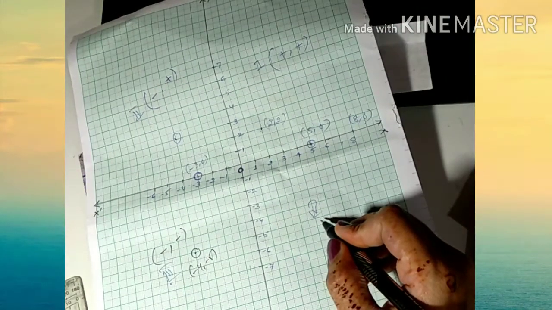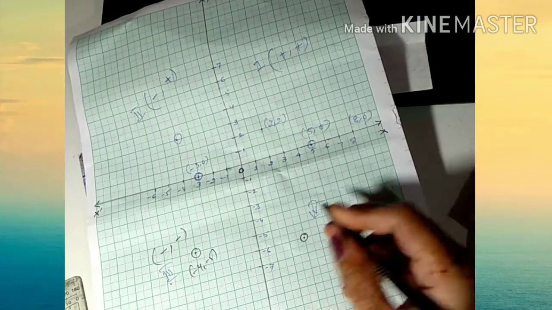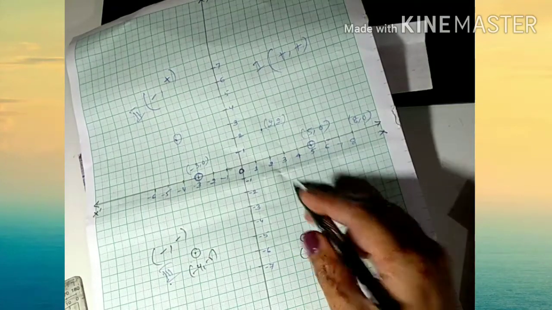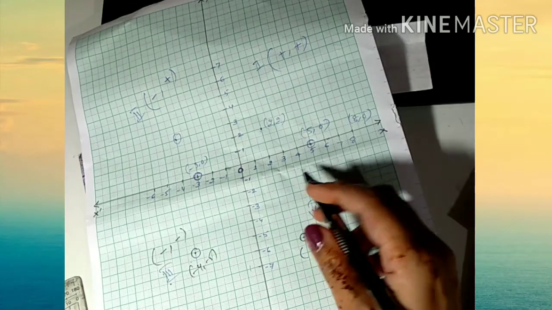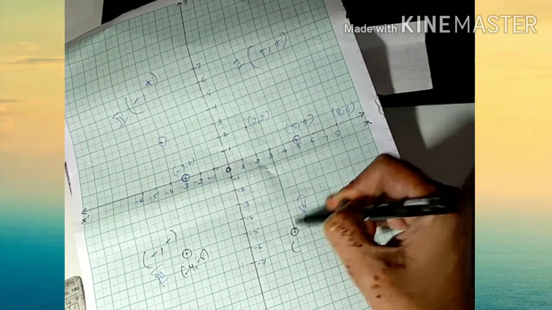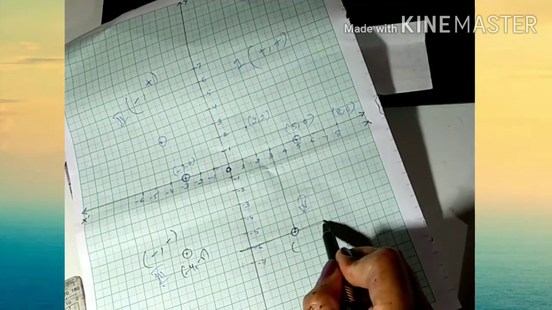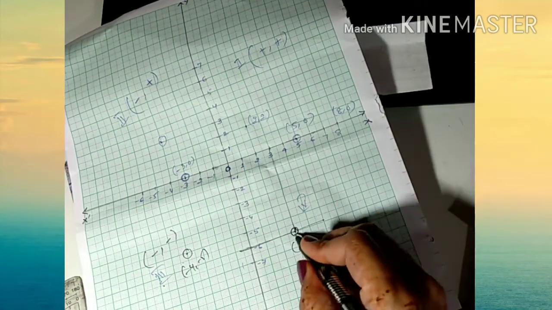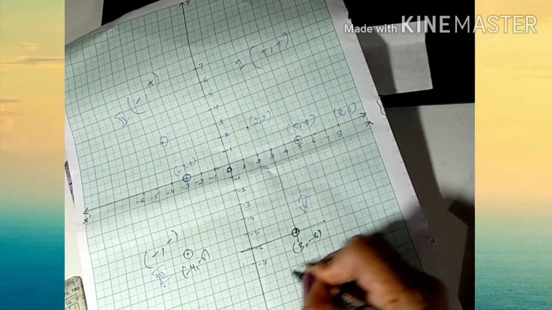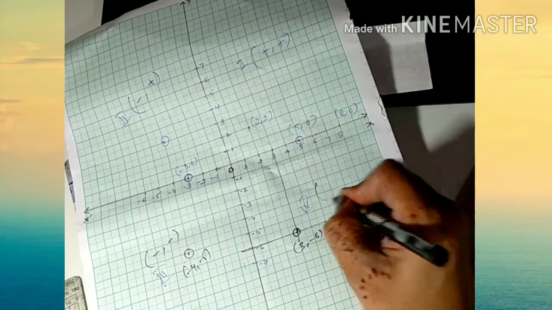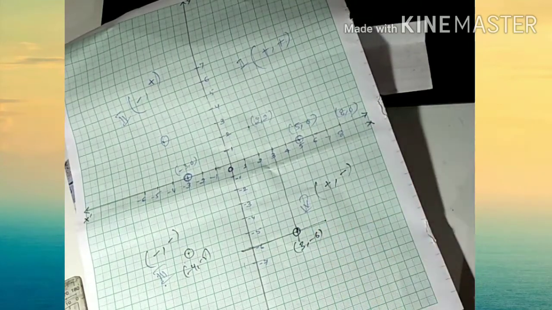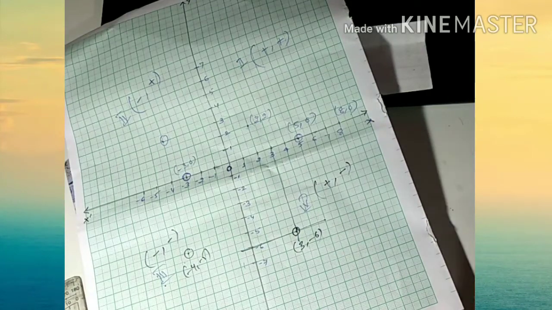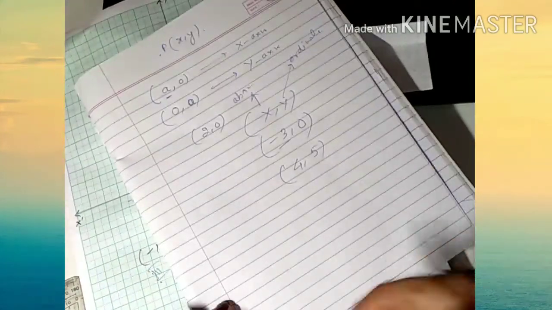And if the point is in the fourth quadrant like this, what is the coordinate of this point? This is 3 and in the y it is -6. So the intersecting point is (3, -6). It means in the fourth quadrant we have plus and minus. So with the help of this knowledge, what can we write?